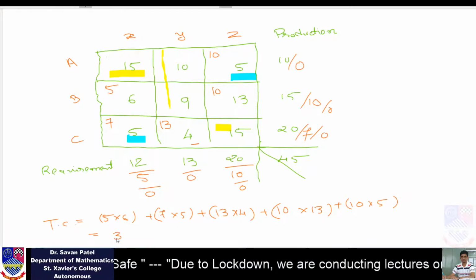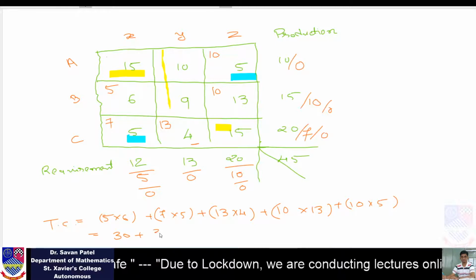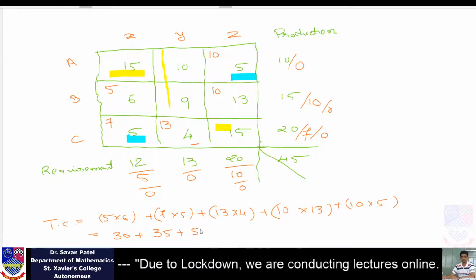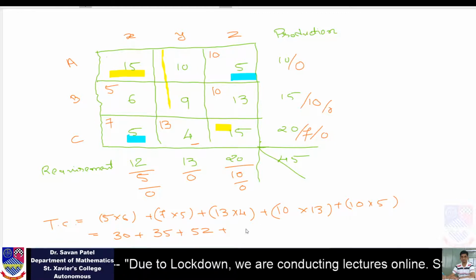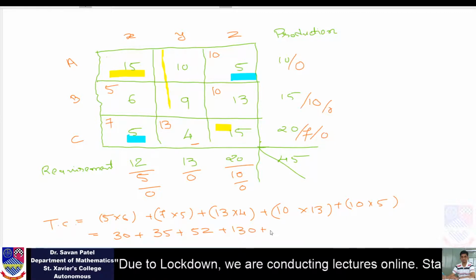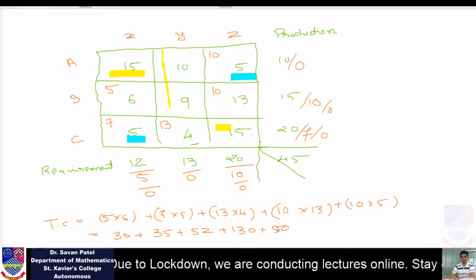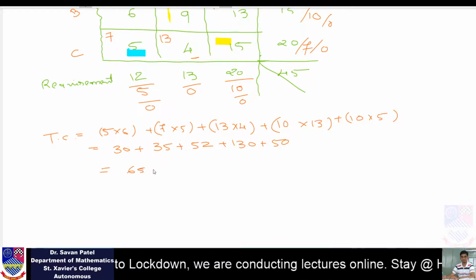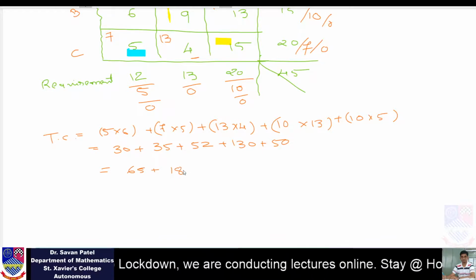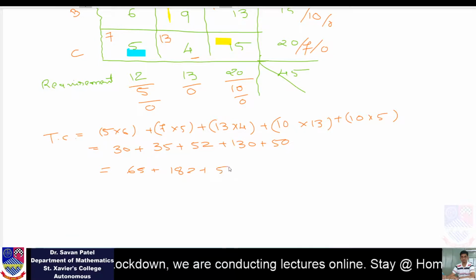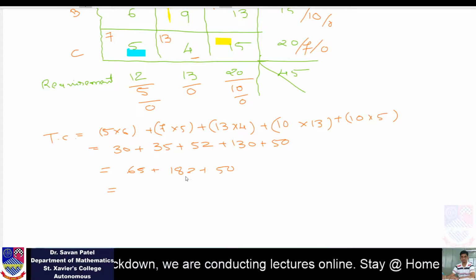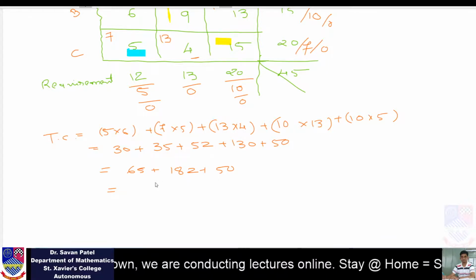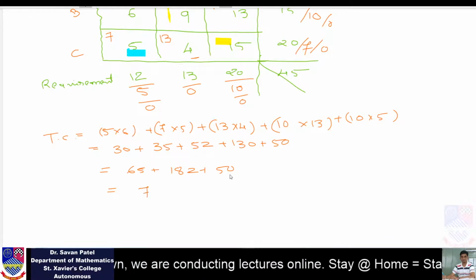So this is 30, 35, 52, 130, and 50. So the sum is 65 plus 182 plus 50. That is, here these two sum to 5 to 7.